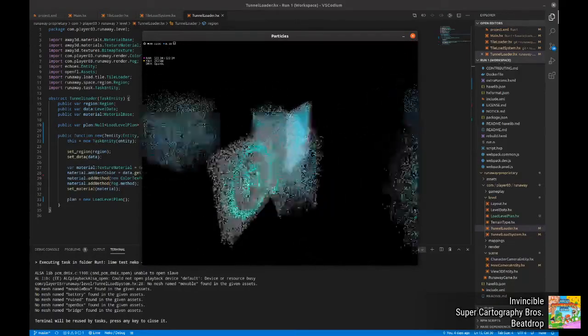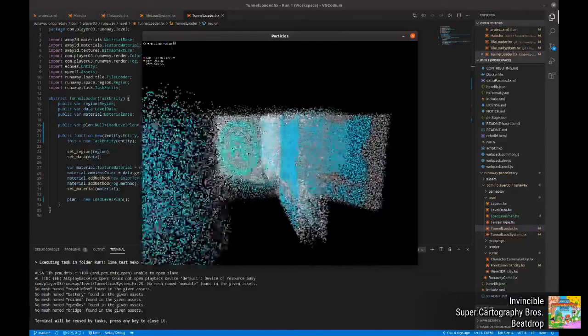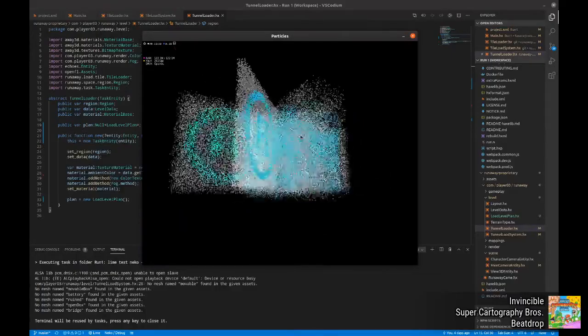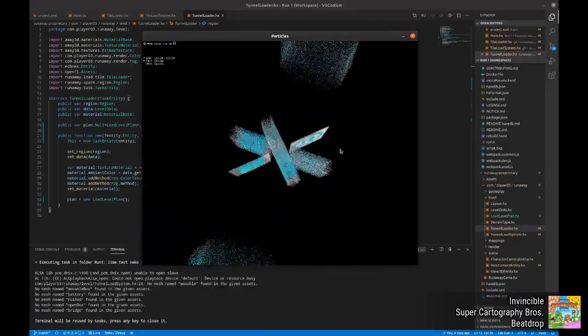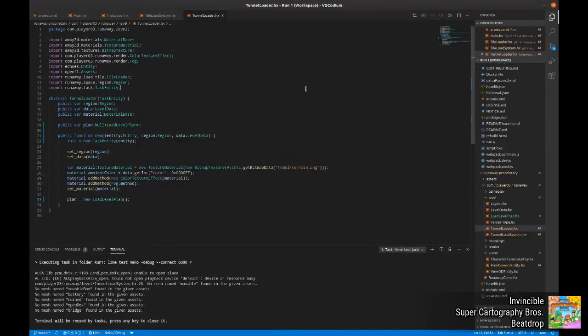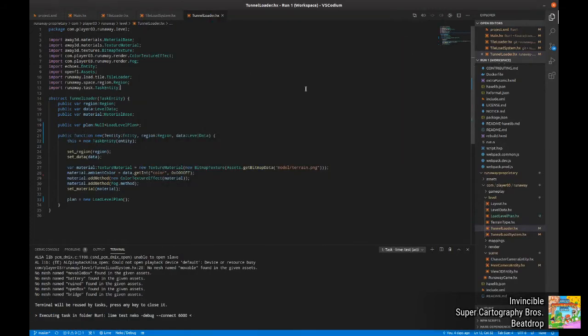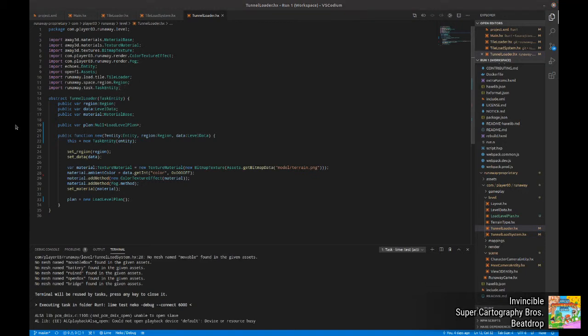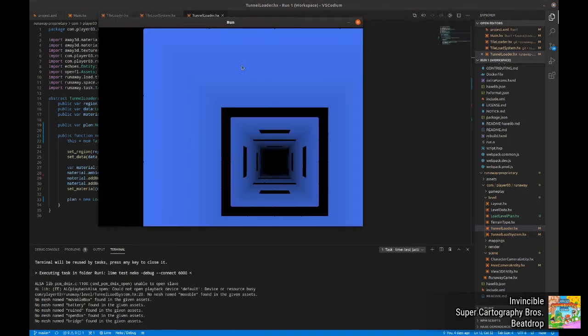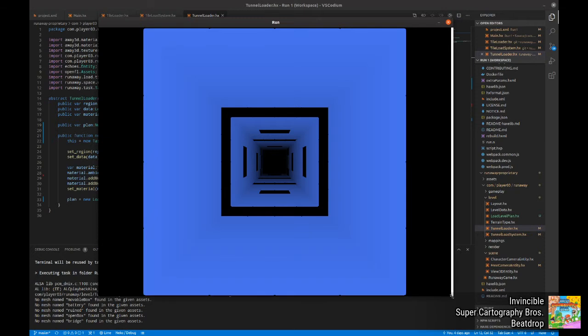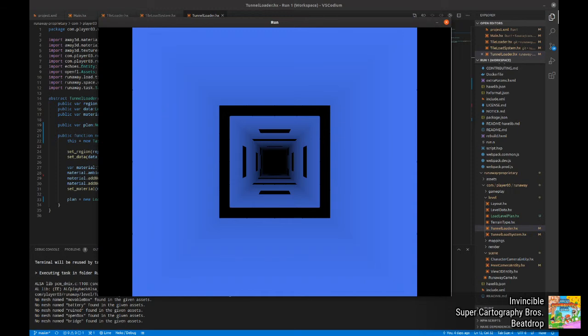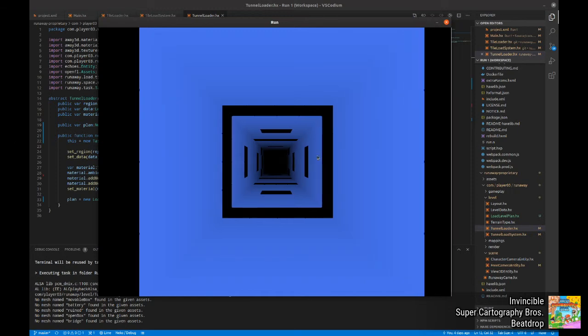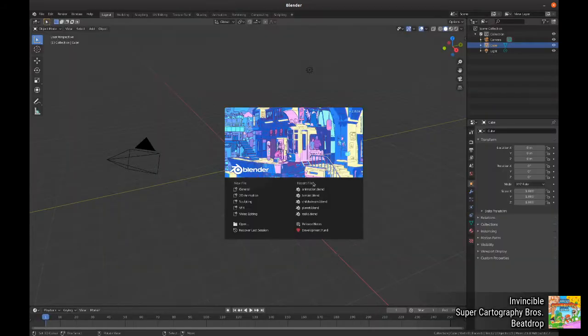Because a particle doesn't have to be a tiny little dot. It can be any little thing in 3D. Or any big thing. We're actually about to get to that. It could be any 3D model, really.